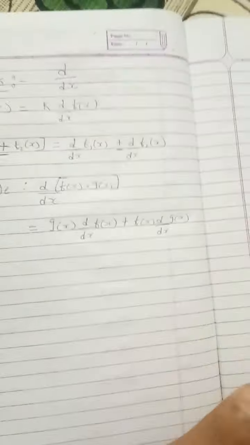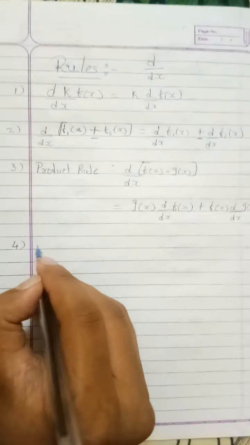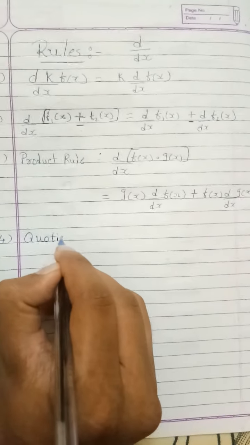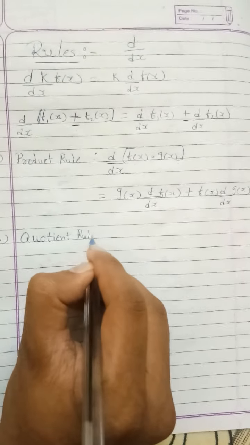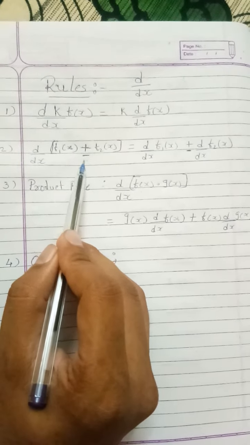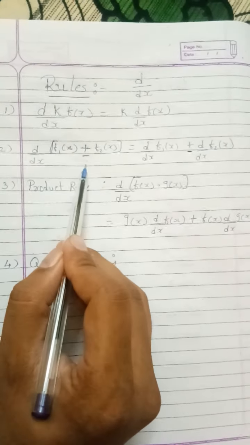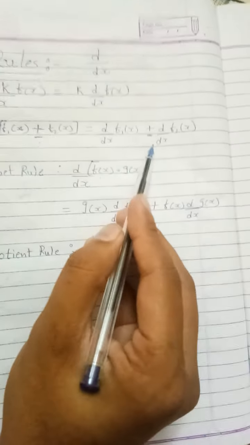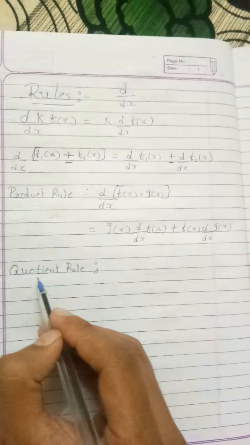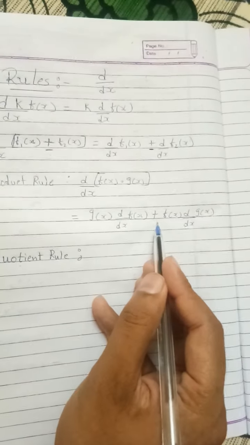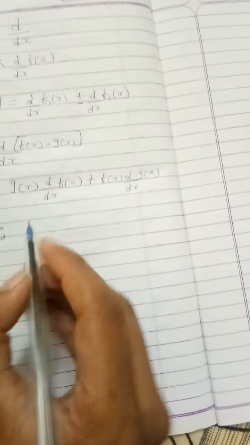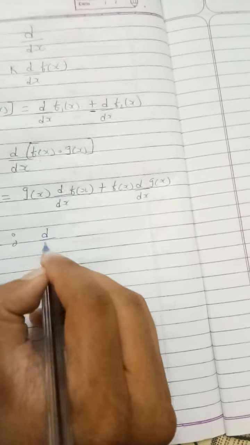Fourth rule is known as the quotient rule. See here, if addition and subtraction are there in between these two functions, then we will directly differentiate. If there is a product, there is a positive sign, but in a quotient it does not mean that it is a negative sign. There is some change, and we will see this change here.